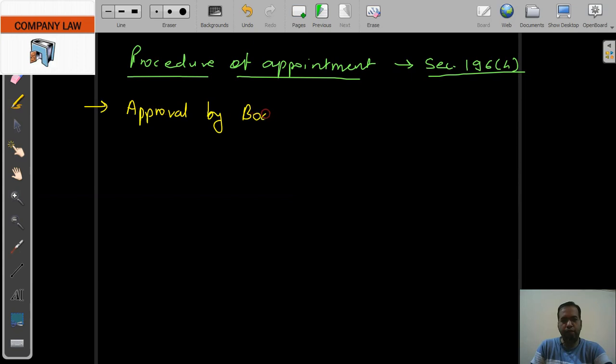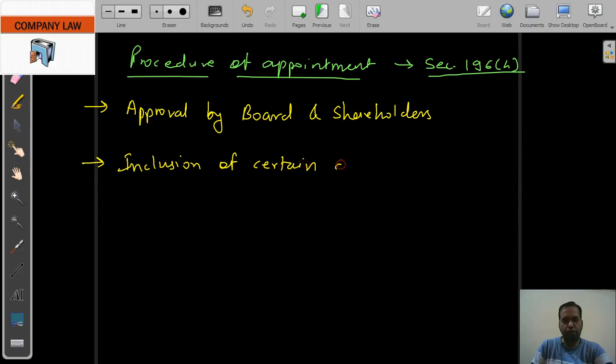Approval by board and shareholders. Inclusion of certain disclosures in notice, and then filing of return.